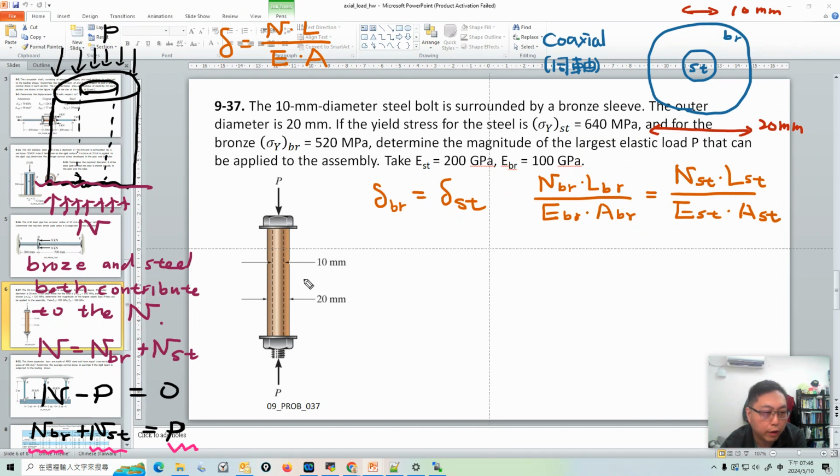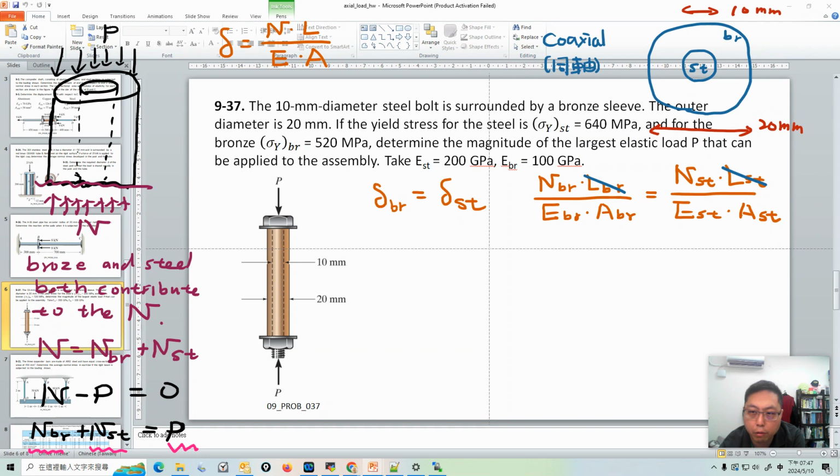In this coaxial structure, the bolt and the sleeve have the same length, so we can just cancel this out. Do we know the elastic modulus of bronze and steel? Yeah, we have, because this gives us. And do we know the area of the bronze and the steel part? Yeah, it gives us a diameter, so we can calculate something.